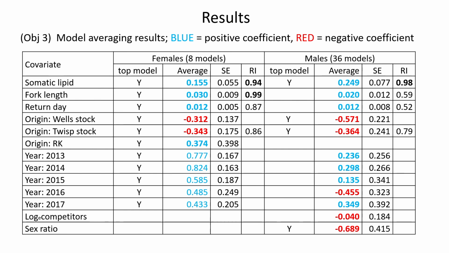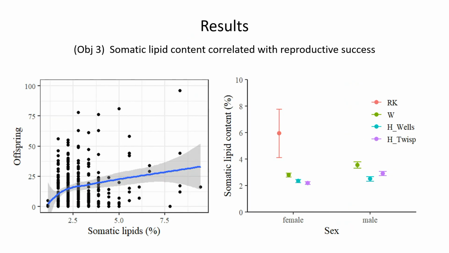And so for somatic lipids, 98% of the model weight included somatic lipid content for males, and 94% for females. And fork length was also really high for females. So I'm just going to dig into a couple of these relationships.